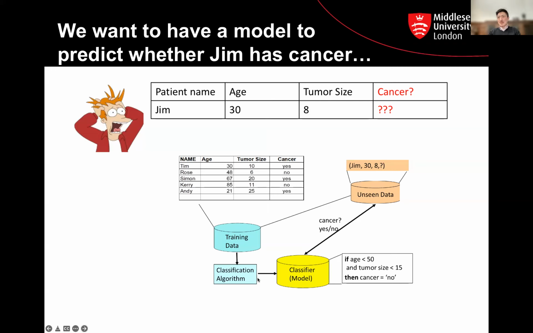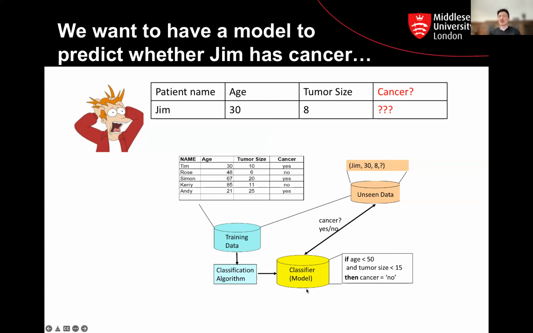You give it to the classification algorithm or classifier, and it builds the model. Then you can run this model on some new data not included in the original training data, in this case Jim, and it will give you a classification. That will tell you whether Jim belongs to the group with cancer or without cancer.